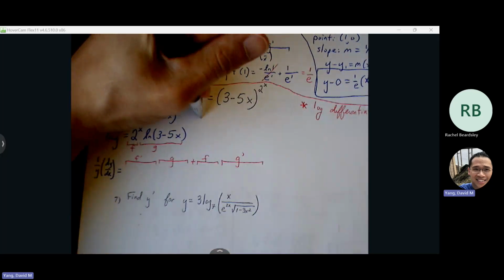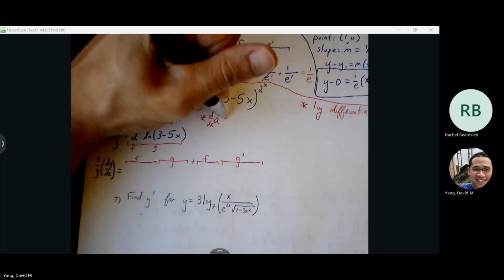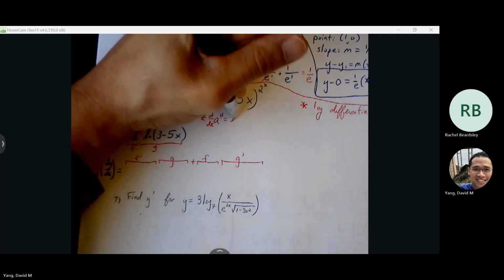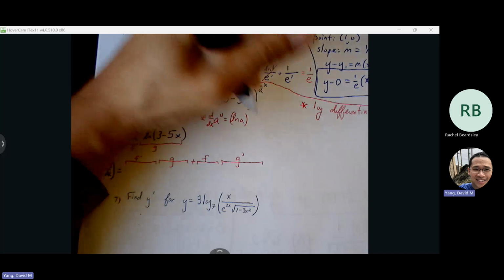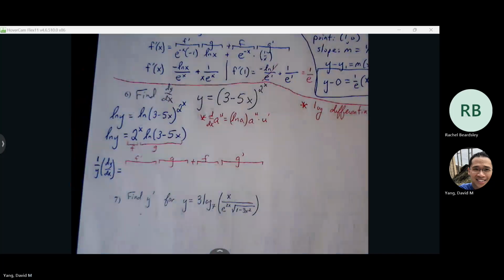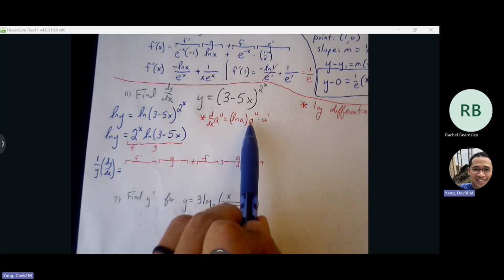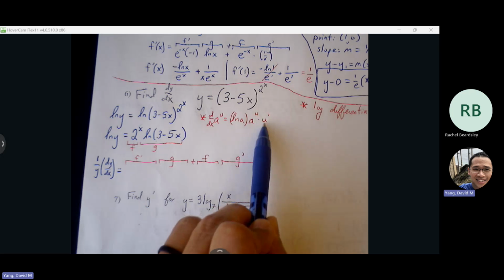So recall the derivative for a to the u is conversion, natural log of a, then the original function, then the exponent's derivative. So the derivative for 2 to the x will be natural log of 2 times 2 to the x times 1.